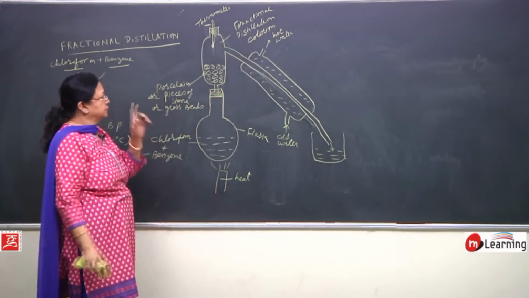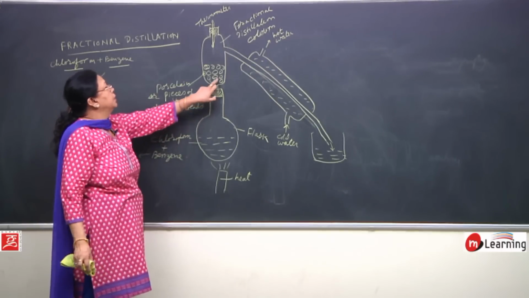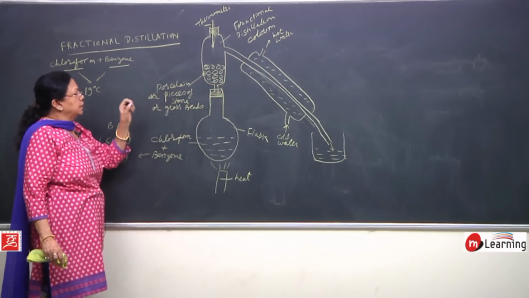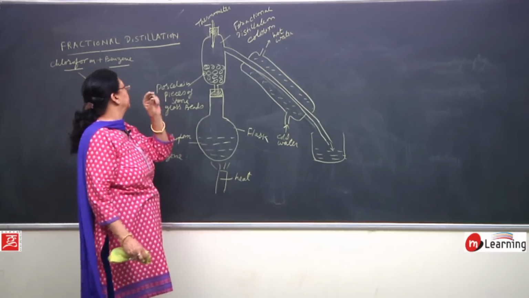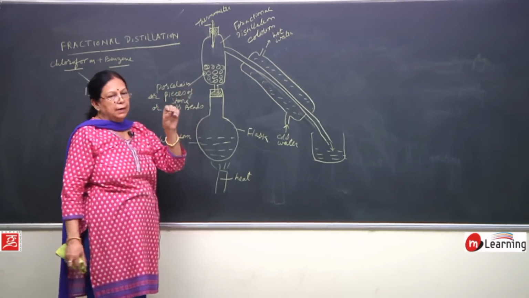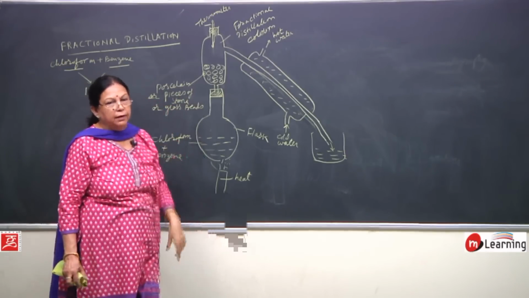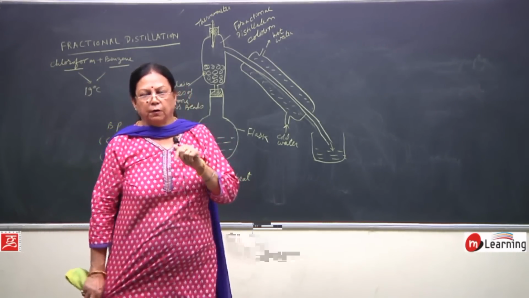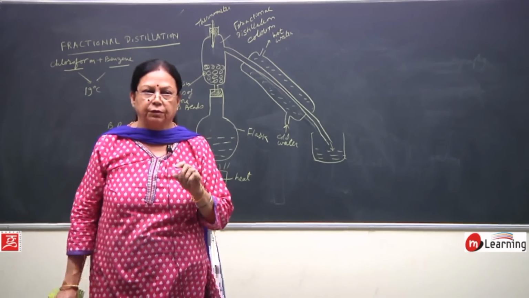Right? Here, in this fractional distillation column, what do you observe? Glass beads are there, or pieces of stones, or you can take porcelain also, right? What is the use of these glass beads or pieces of porcelain or pieces of stone?